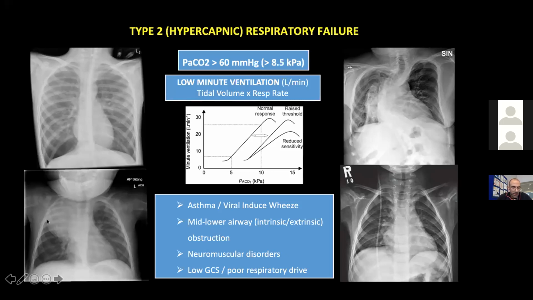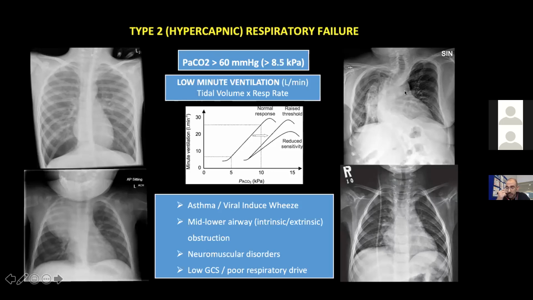In this second picture, you have a mass in your mediastinum, which is compressing your trachea and your right main bronchus. So this can cause CO2 retention as well, and if it's really severe, a type 2 hypercapnic respiratory failure. In this one on the right-hand side, you have a typical picture of a patient with spinal muscular atrophy, so severe muscle weakness and scoliosis.